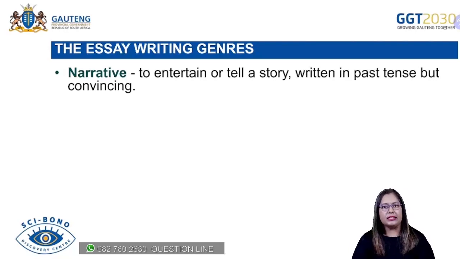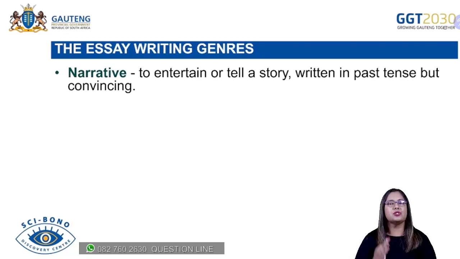So the first one is what we call the narrative essay. Now the narrative essay is there for you as a writer to entertain us. Tell us a story. And when you tell us a story, you can either tell us the story in the past tense, or we can use a different tense as well, but we want you to really stick to the past tense.